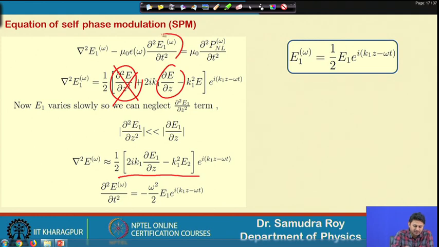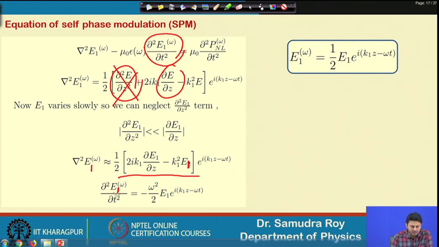Also, we have the derivative of E1. So, in the equation I just missed E1. You should put E1; here it is written E2, it should be E1, and here it is a typing mistake. So, here should be E1.